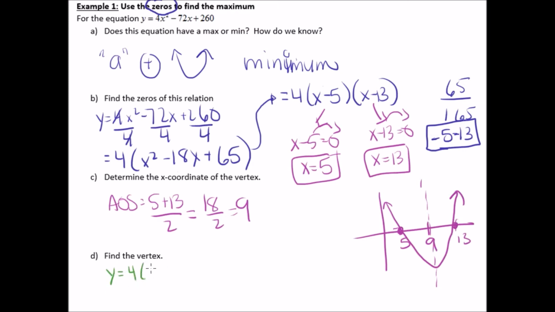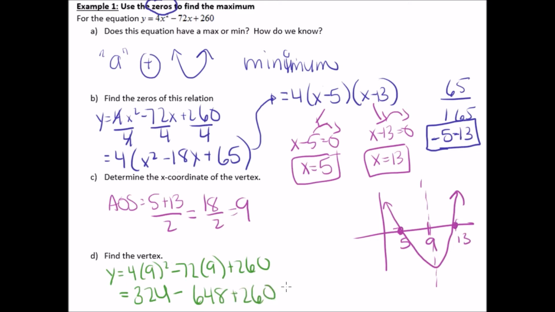y equals 4 times 9 squared. Let me do that. 4 times 9 times 9, and then minus 72 times 9, plus 260. So we have 324 minus 72 times 9, which is 648, plus 260.